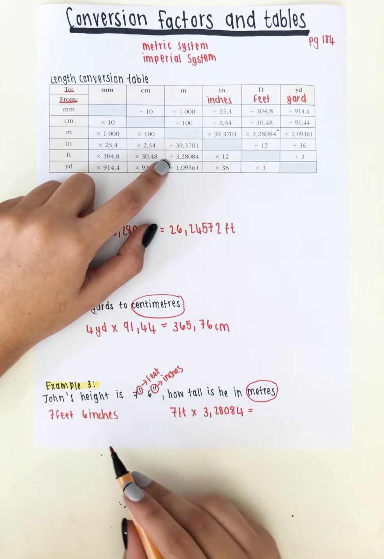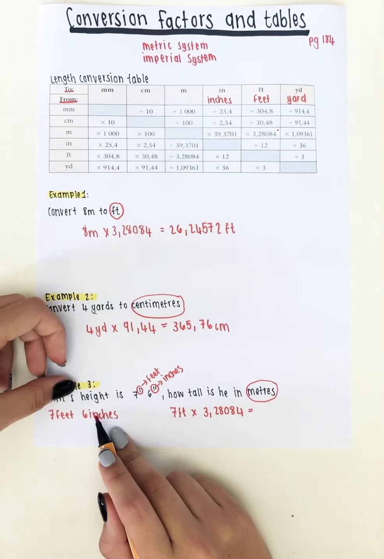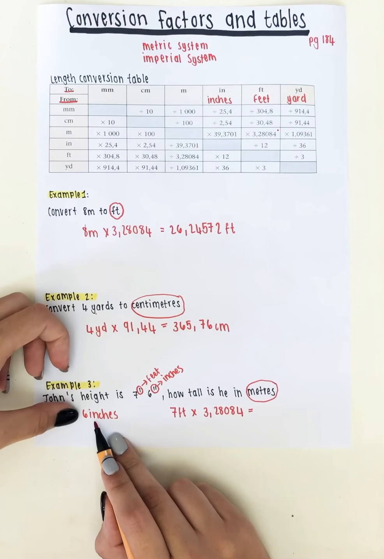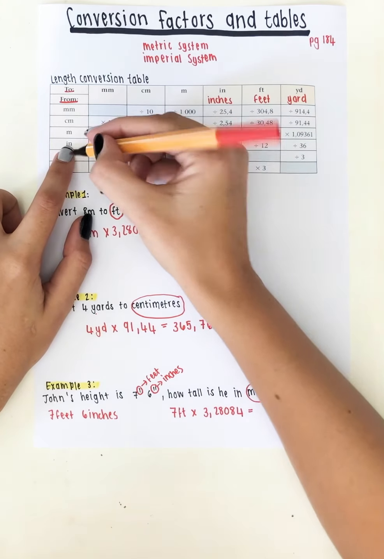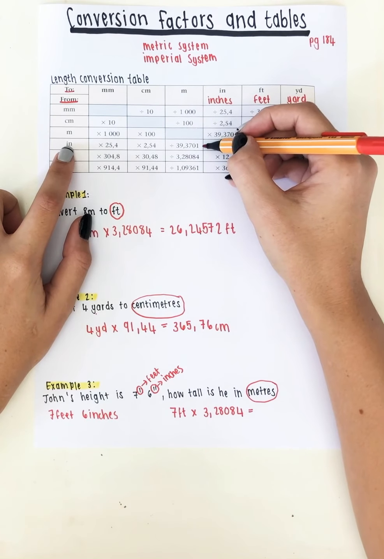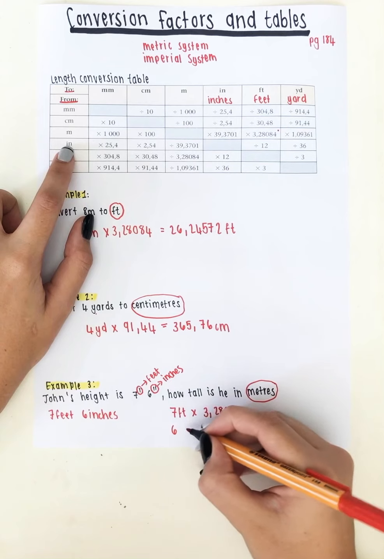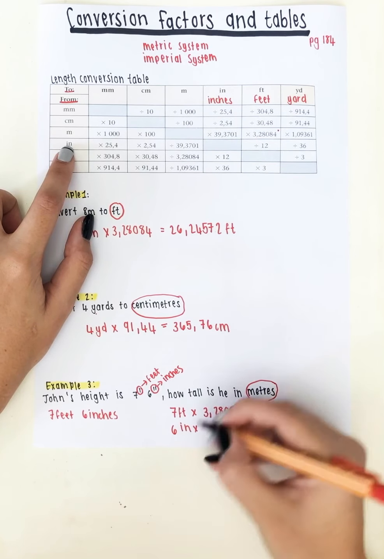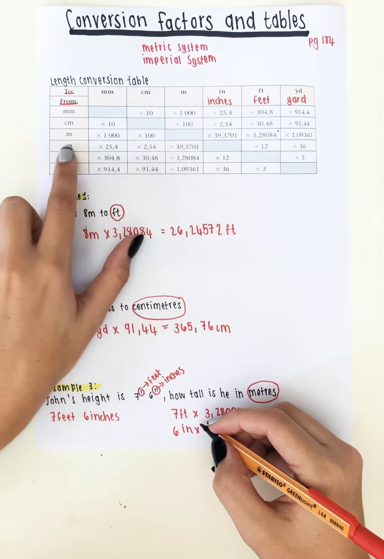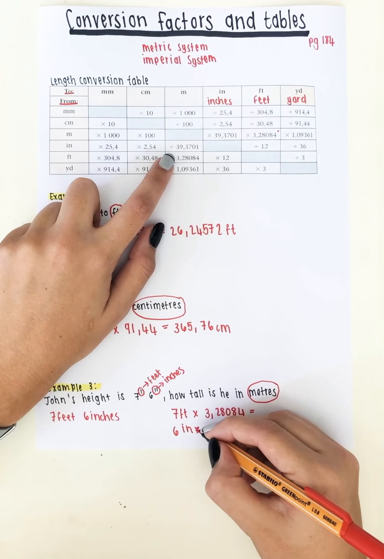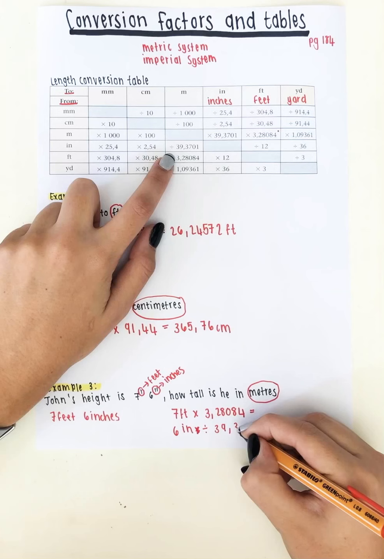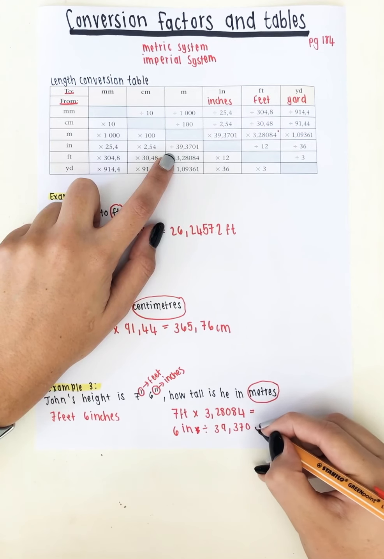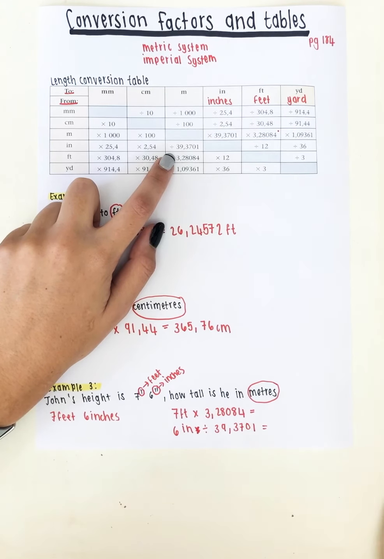Then if I go with my second unit, so I've got 6 inches and I want it in meters. So I check and I go from inches to meters. So I take my 6 inches times, or no, it's not times, it's divide 39,3701, and I get that.